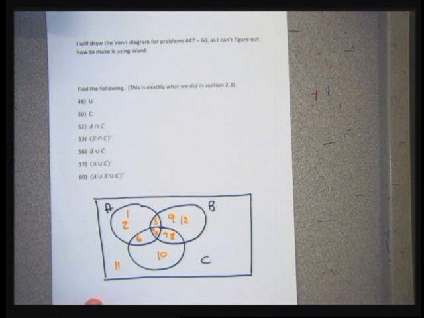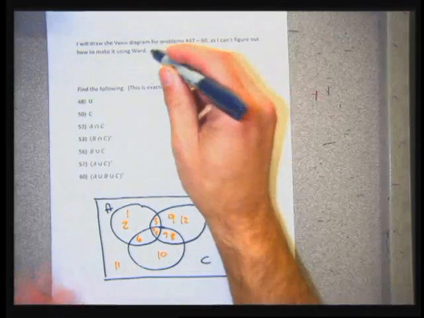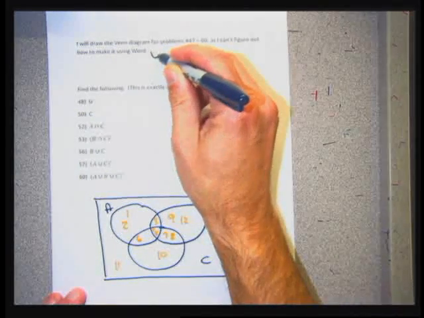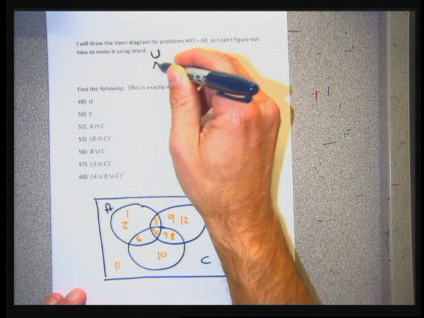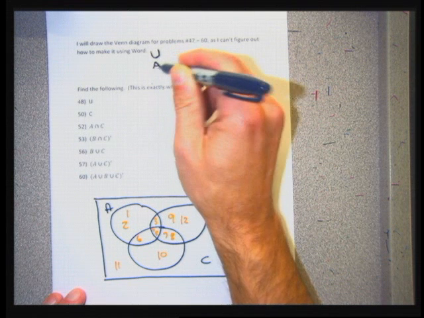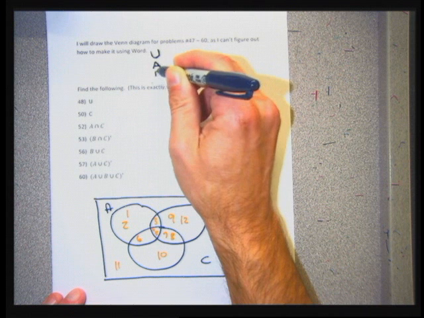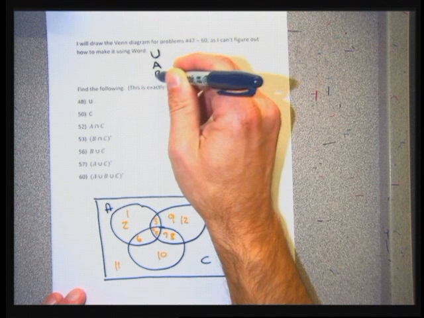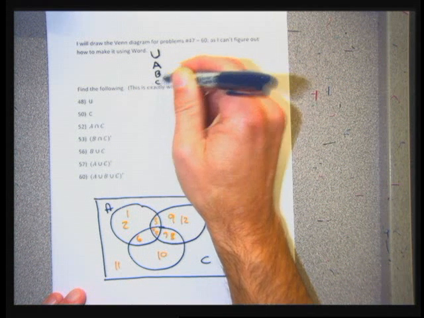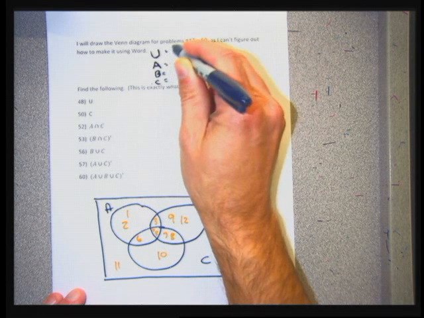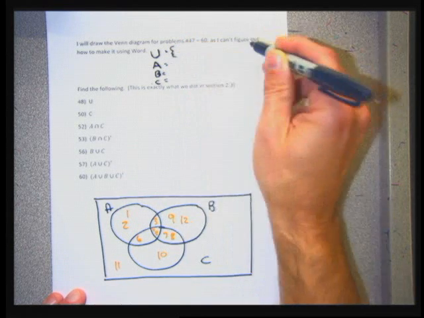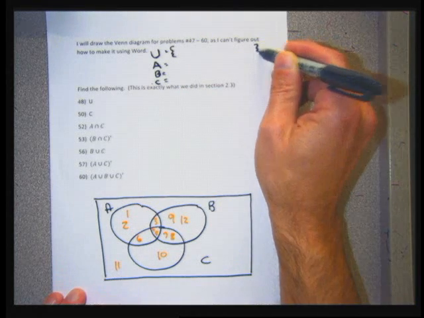So if I want to write down what the sets are, there are 4 sets that are implied in this problem. U is any number in any circle. A is any number inside the A circle. B is any number inside the B circle. And C is any number inside the C circle. If you had your book in front of you, it's probably easier to read than mine.